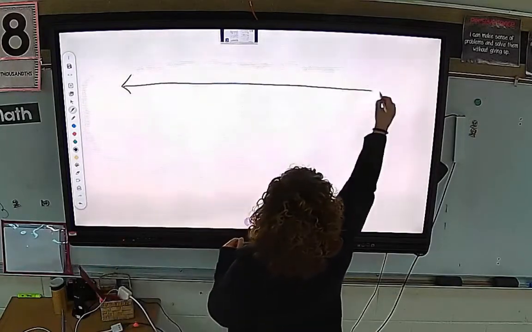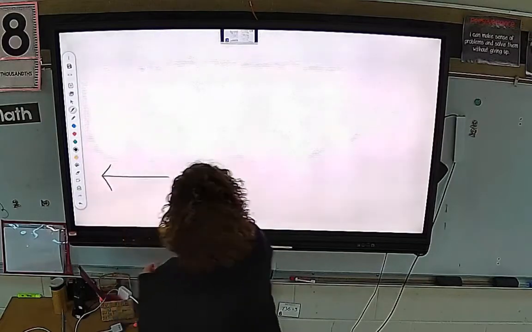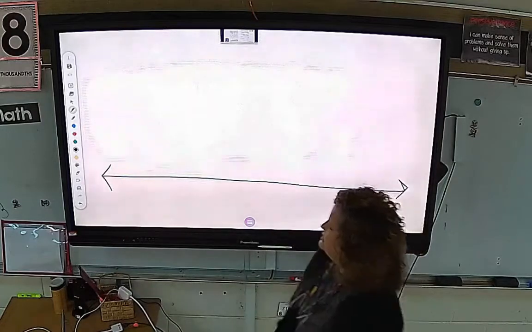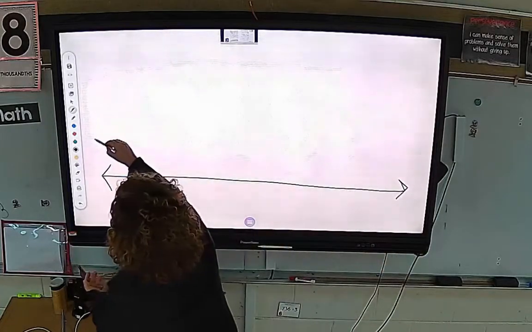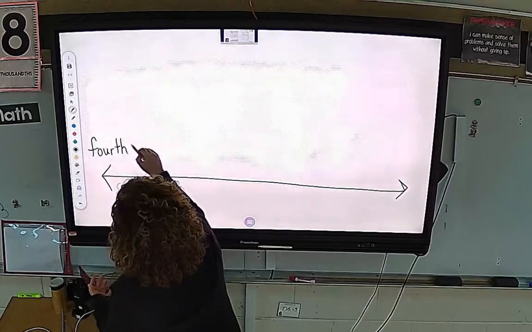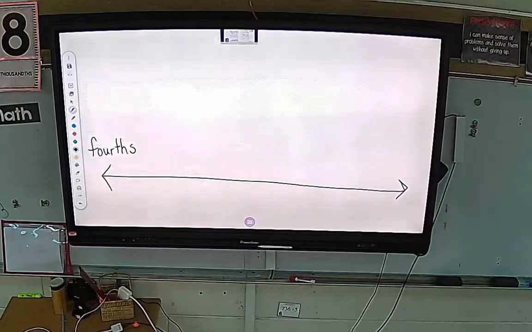If I put a number line right here, and I said, hey, let's make this into fourths. Okay, how would you do that? Now think back, pull back what we did last week. What's the first thing? Cut the number line into 4 pieces.